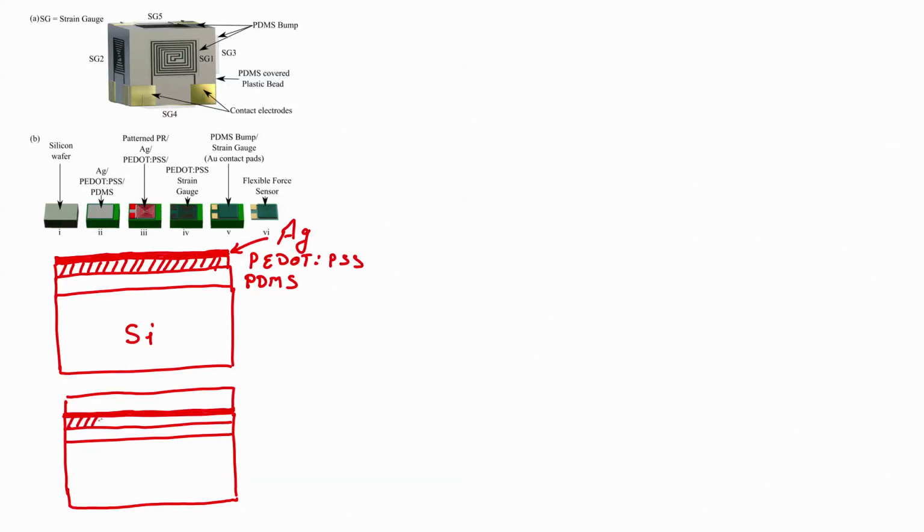As you can see here, what was that? Silicon, PDMS, silver on PEDOT:PSS. We have to pattern this to form a strain gauge. So, what should we do? We will spin coat photoresist.